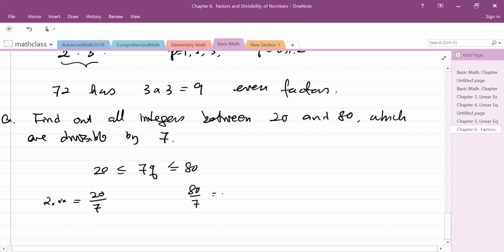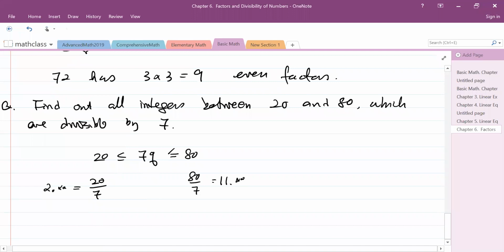It's going to be 11 times, right? So the possible value for Q should be greater than 2. So Q can be, the smallest possible value you can choose is 3, 4, all the way to 11. You cannot choose 12. 12 times 7 is larger than 80.